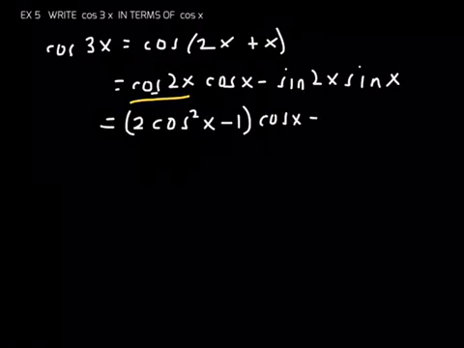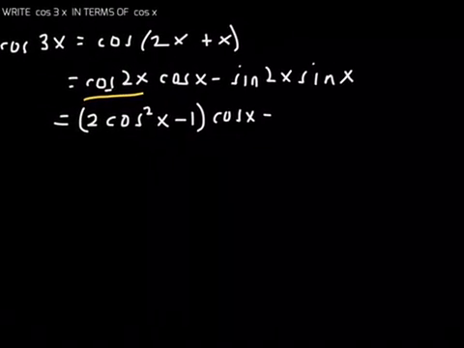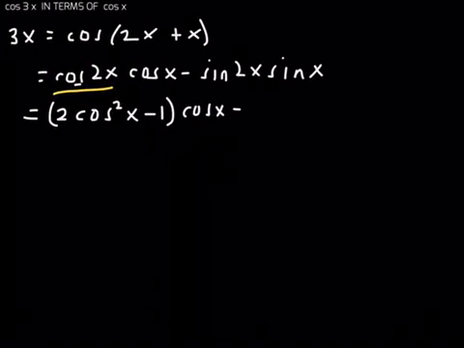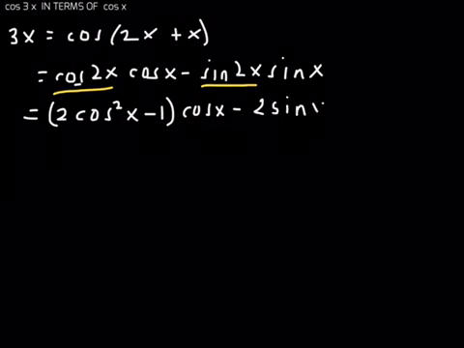Minus, now I suggest here you rewrite sine of 2x using the double angle identity for sine, which is 2 times sine x cosine x. It's hard to write neat sometimes with this pencil.